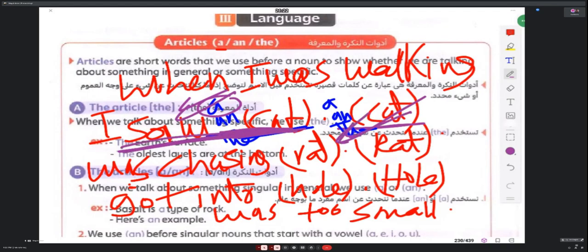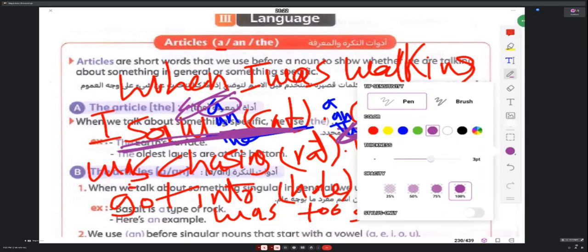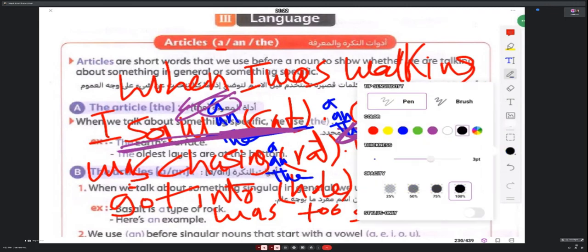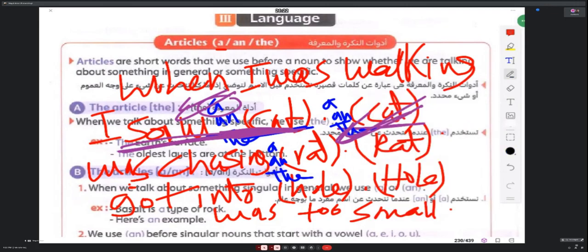So we use the cat. The cat was chasing a or an or the rat? A rat. A rat.